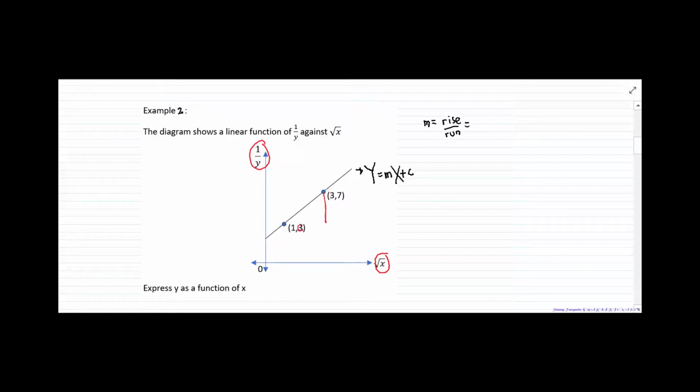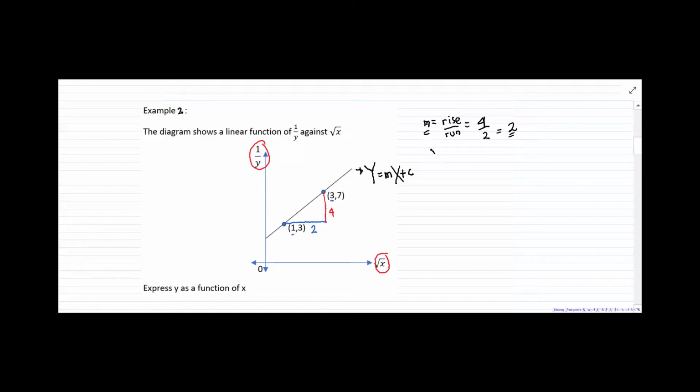From 3 to 7, the rise will be 4. And then for the run, it is this one. From 1 to 3, it will become 2. So I have the rise is 4 and the run is 2. 4 over 2 equals to 2. There you go, we have the gradient.